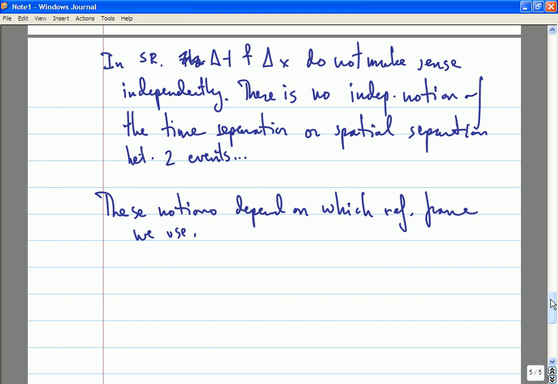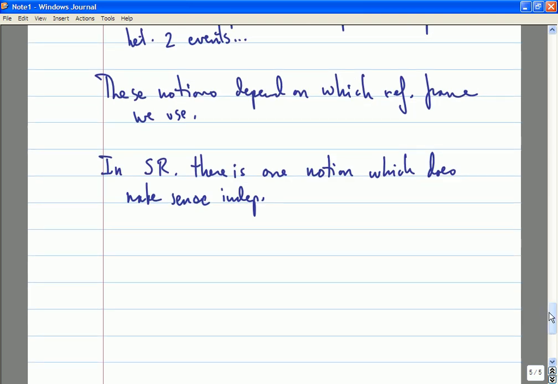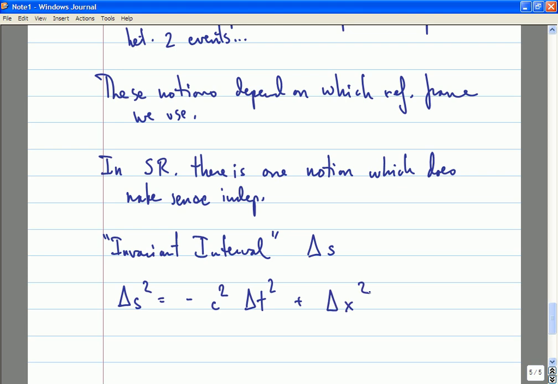So in special relativity, there is one notion which does make sense independently, and that is the notion of the invariant interval, usually referred to as delta S, which is given by the formula delta S squared is minus c squared delta t squared plus delta x squared, with a constant of proportionality in front of delta t squared to make the dimensional analysis work out.